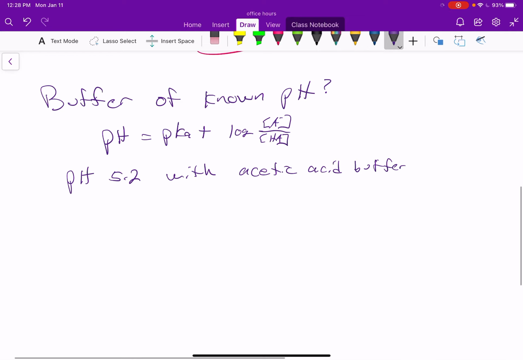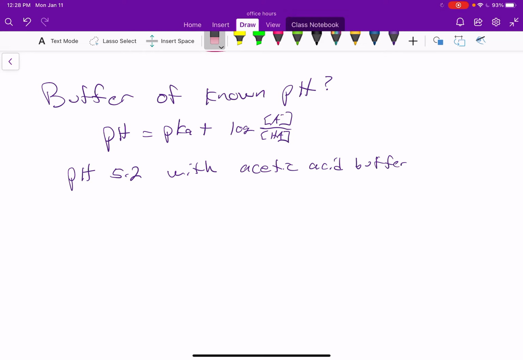Well, we can look it up. We need a pH of 5.2, and we then look up the pKa, and that's 4.75, plus the log of A minus over HA. For us, that's acetate over acetic acid. So we're going to say the log of CH3COO minus over CH3COOH.